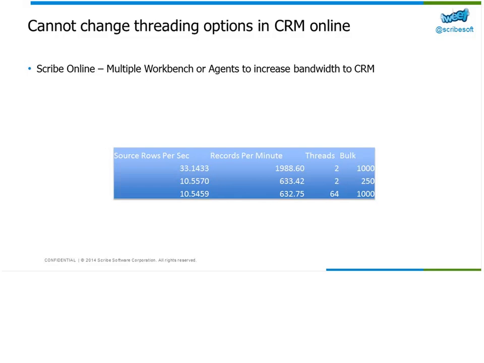One of the other things I wanted to let everybody know is that I'm doing some testing on this, and we're writing a blog article. Hopefully we'll have it done before the end of the year. Scribe Online has what we call agents.